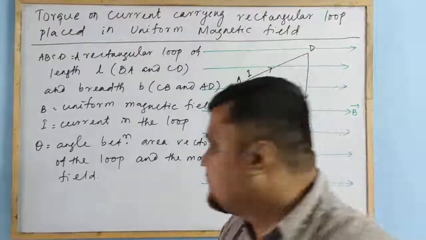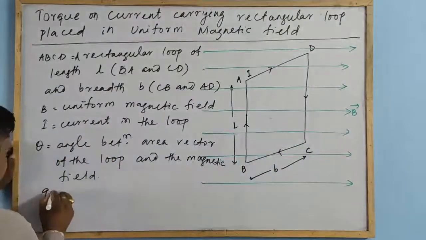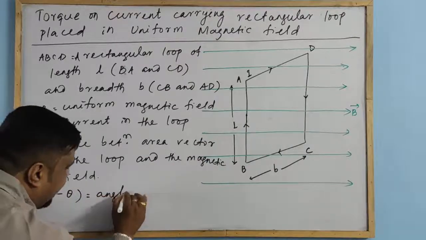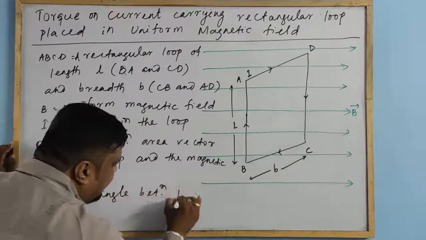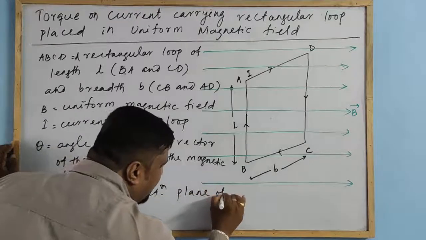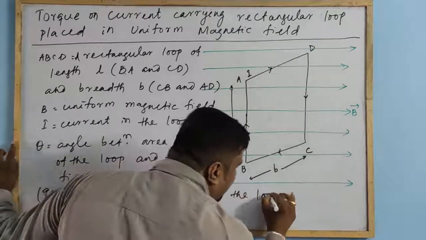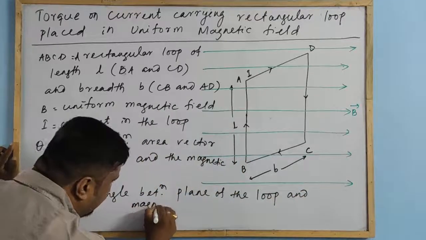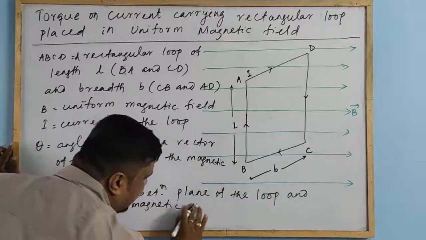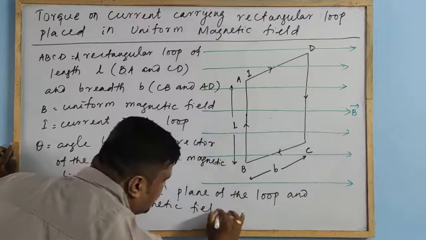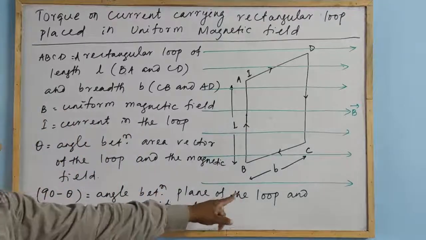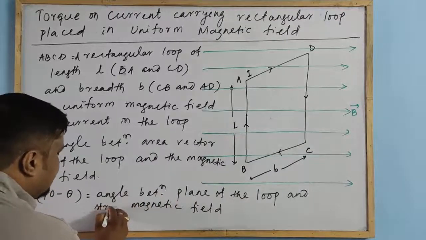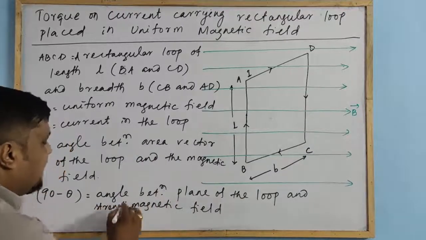Let me write this to understand: the angle between the plane of the loop and the strength of the magnetic field.